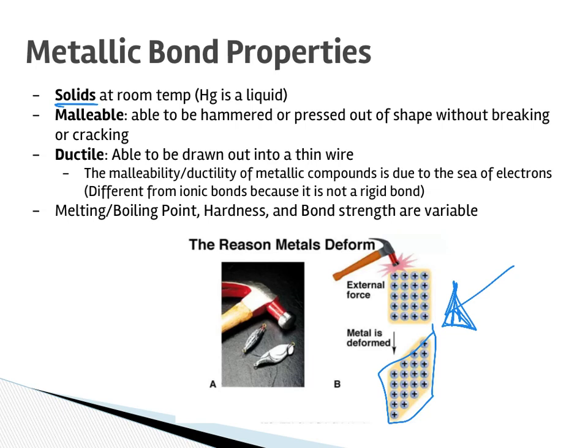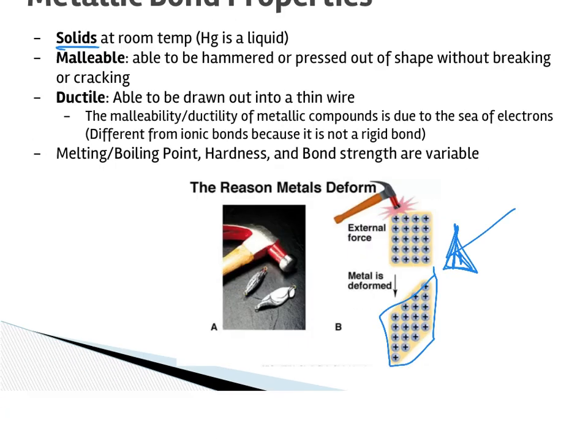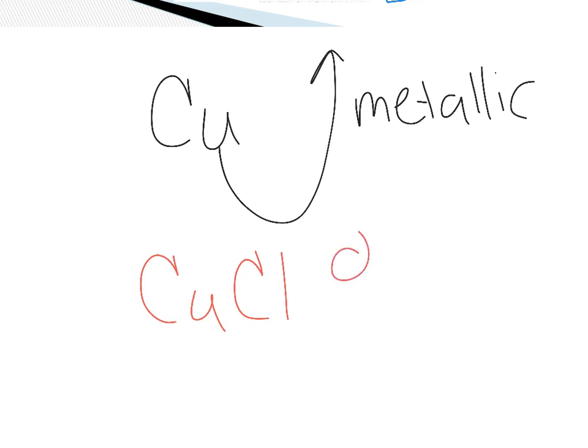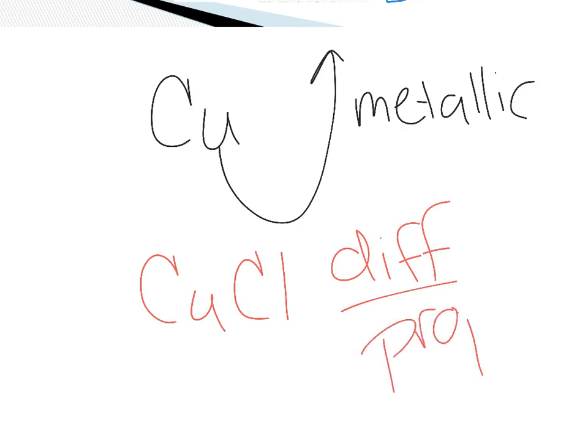So if I'm talking just about copper, we know that copper itself is malleable, it's ductile, it's solid, and we know that because of the metallic bonds. That's why copper has all of those properties. But if I get copper with chlorine and they're bonded together, then it's going to have different properties. And that's because of that chemical bond.